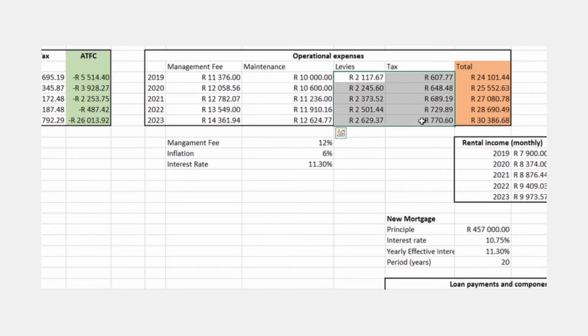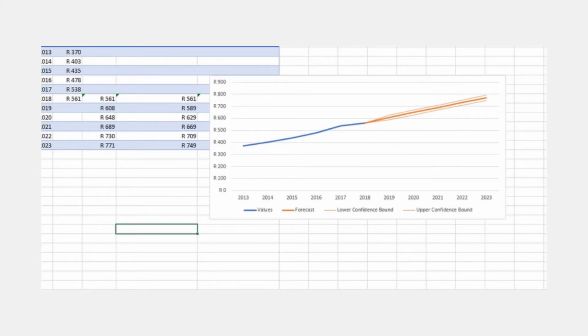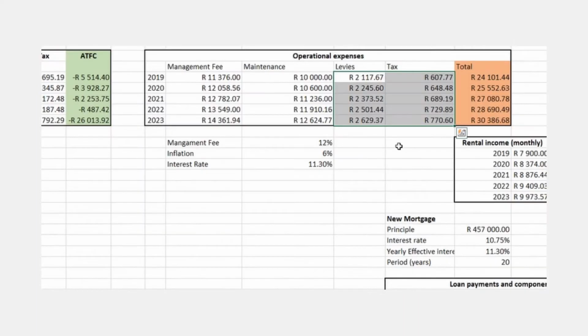Levies and taxes were actually forecasted using a normal forecasting tool in Excel, and then those values were determined to be the ones that you see in this table, and they are the same for both option 1 and option 2.